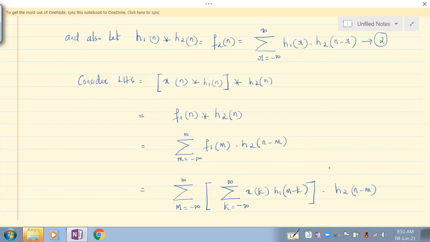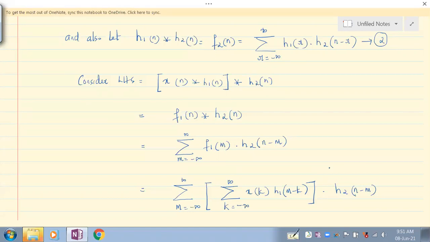Now here we shall substitute m minus k as r. Understand that? M minus k as r we shall substitute and see what happens.